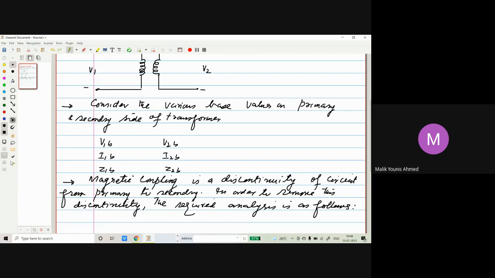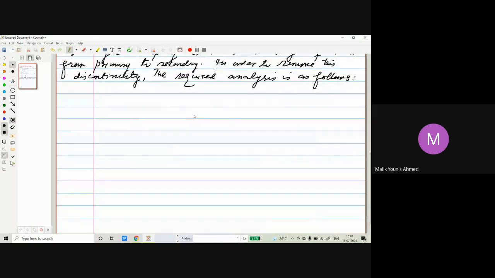So what are the required analysis we will be doing? Let us see. For that analysis, we have to consider the current base and voltage base of the primary side.